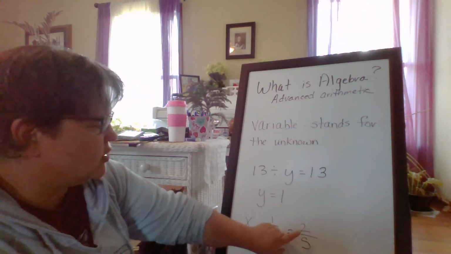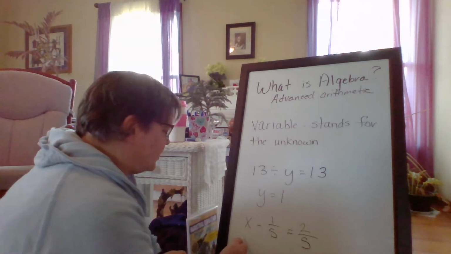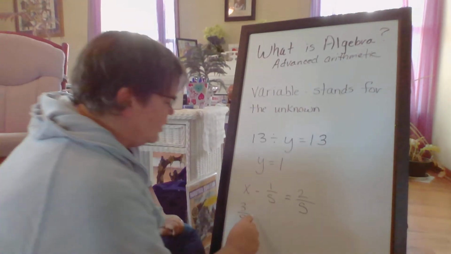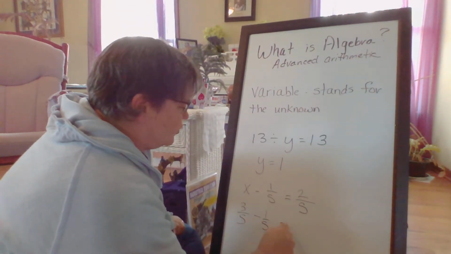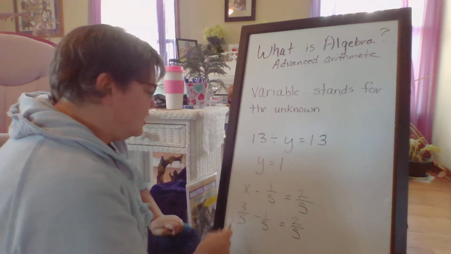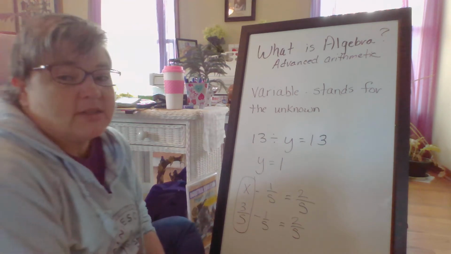I can work backwards. 2 plus 1 will give me 3. So let's try that. 3/5 minus 1/5 will equal 2/5. 3 minus 1 is 2. Yay. So my unknown here, x, is going to be 3/5.